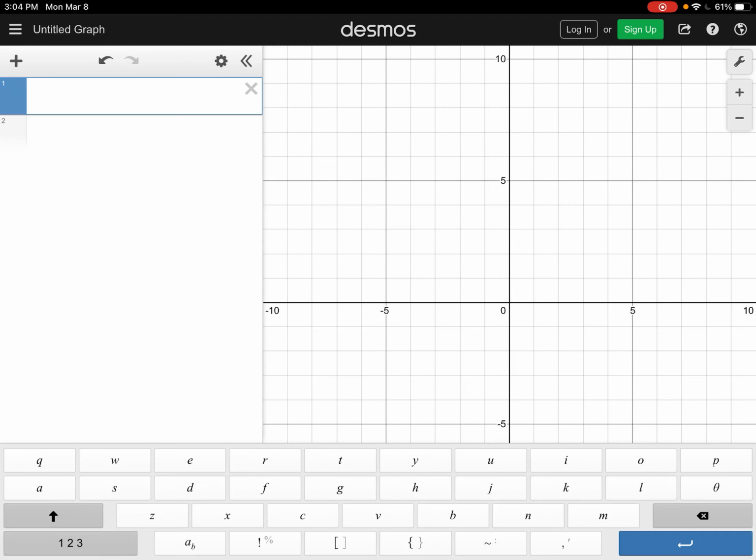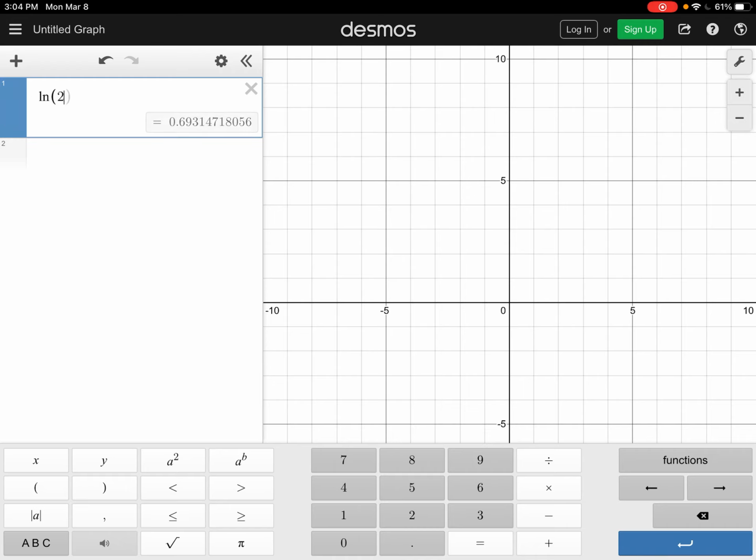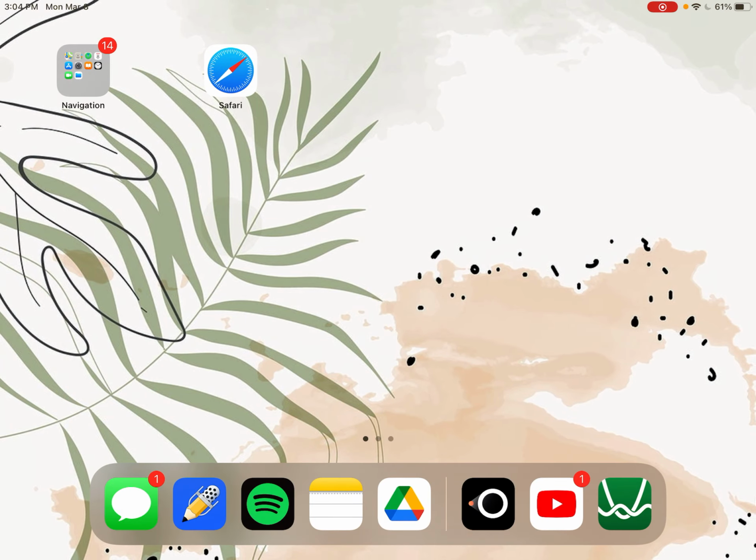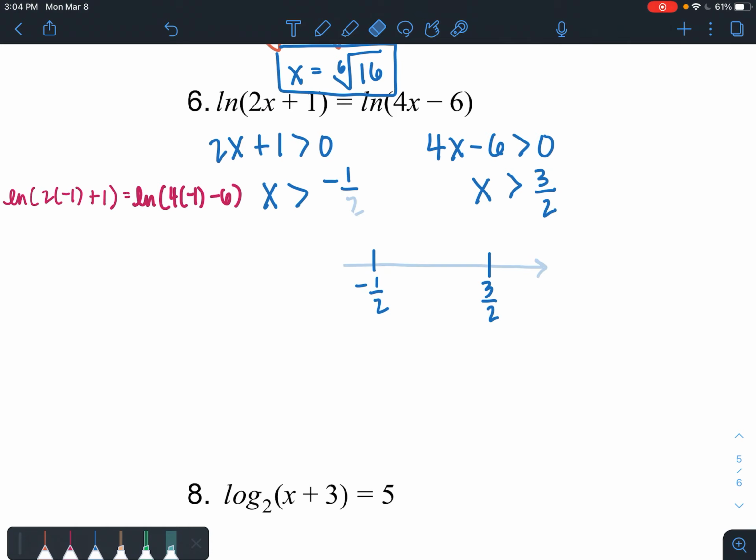So we have ln of negative 1 times, parentheses, where are they? 2 times negative 1 plus 1 is undefined. So because that's undefined, that's why it doesn't work. So that is an undefined answer there. That's why we put a little frowny face. Okay, so this is undefined. So there's no values there.